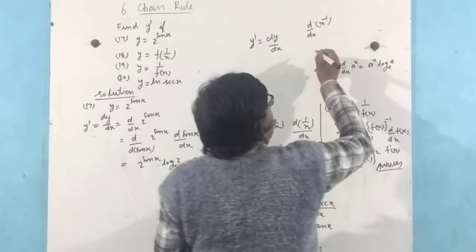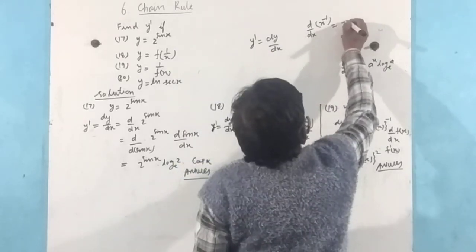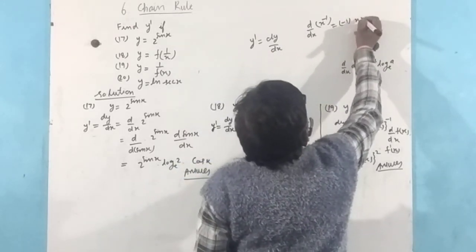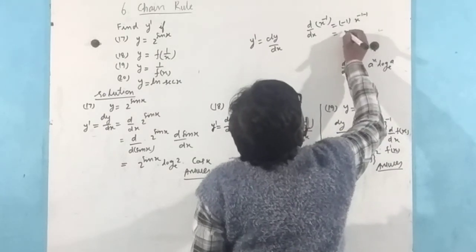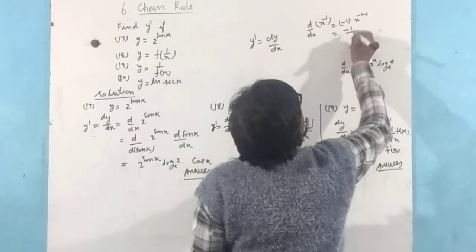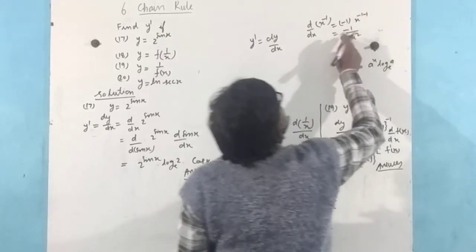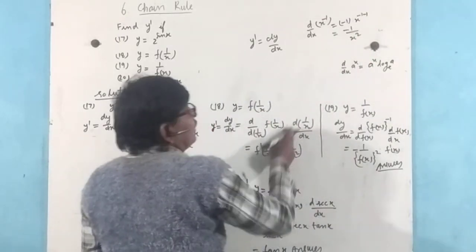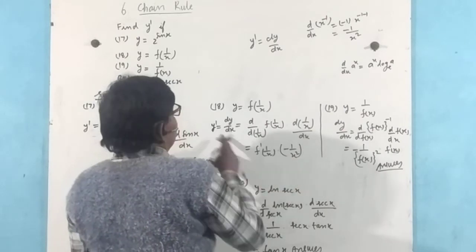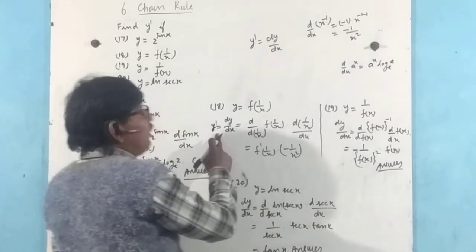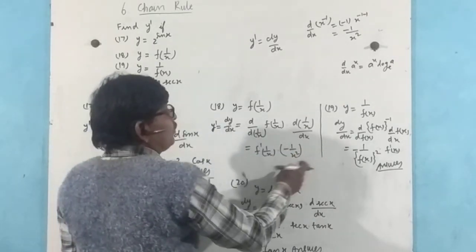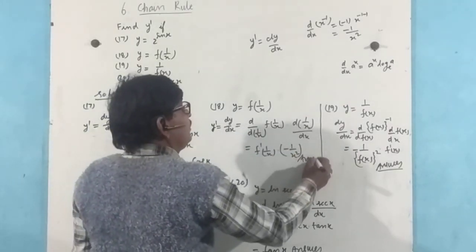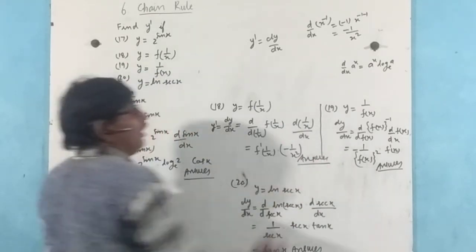Now this is equal to minus 1, x to the power minus 1 into minus 1, so that this can be written as minus 1 by x square, and the value of y dash is equal to f dash 1 by x into minus 1 by x square. This is our answer.